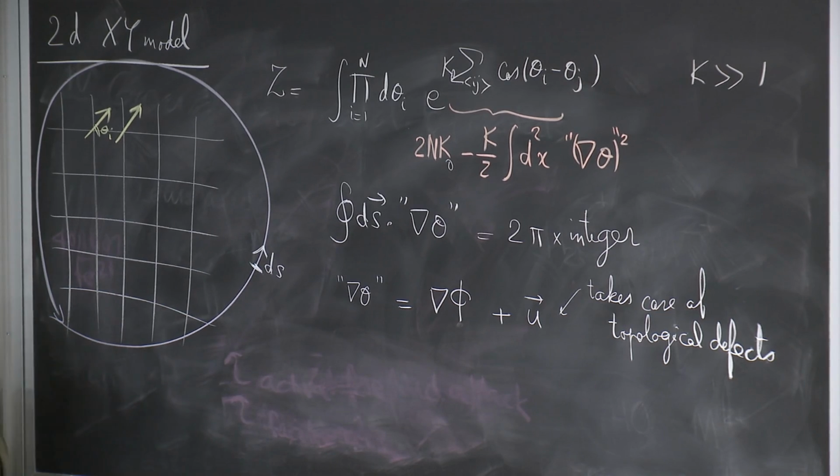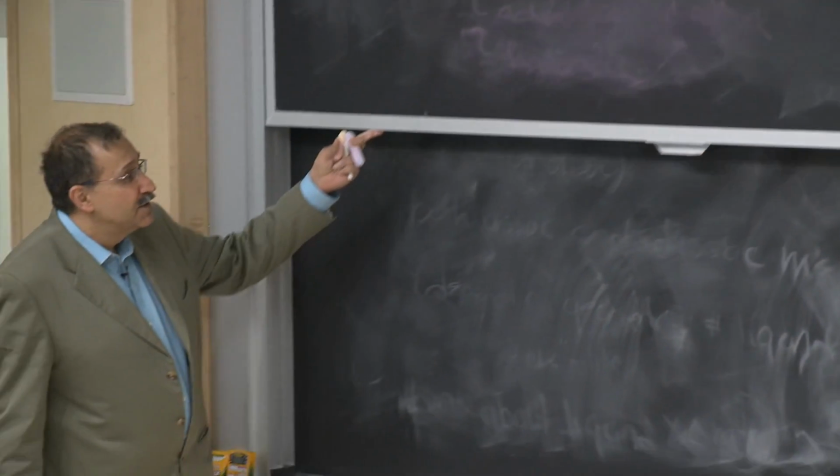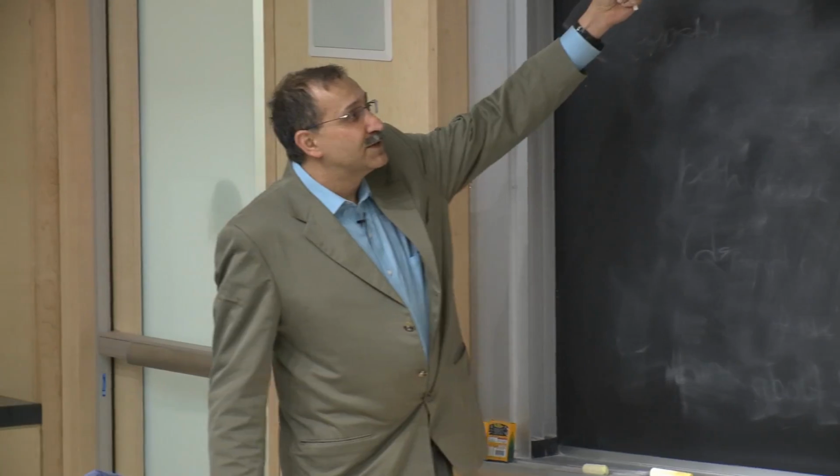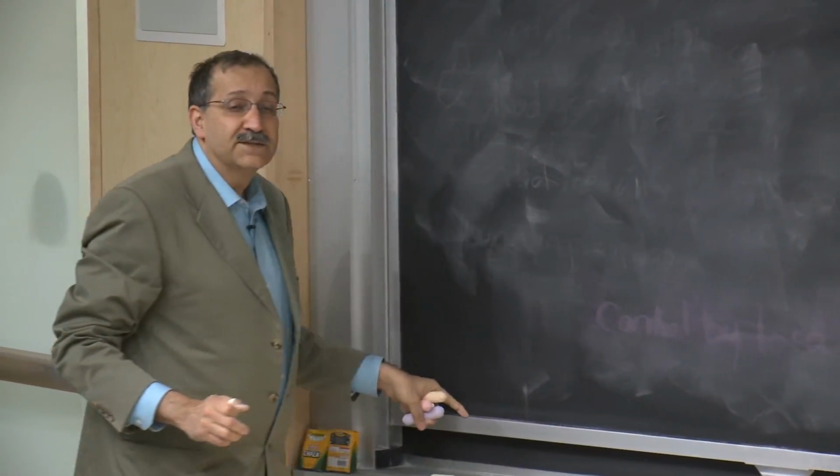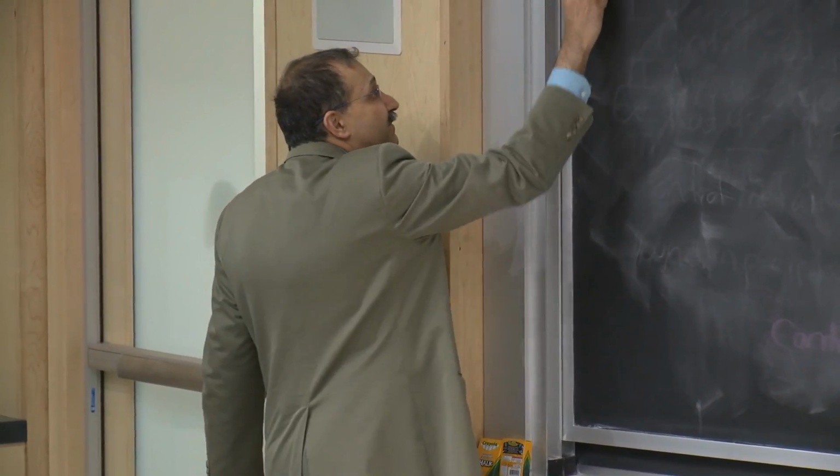Okay, so what can this u be? We already looked at what u is for the case of one topological defect.